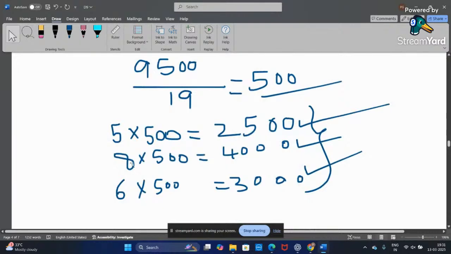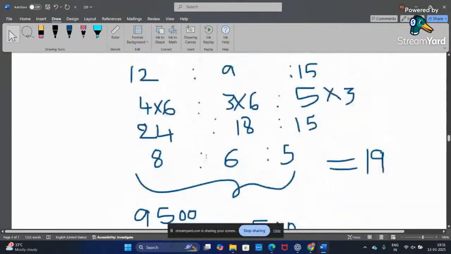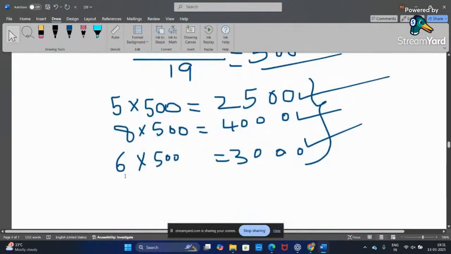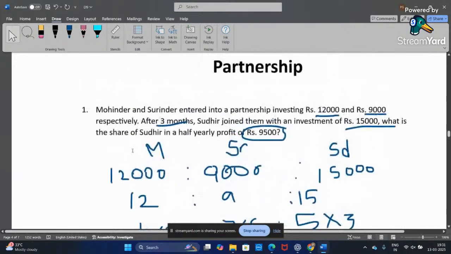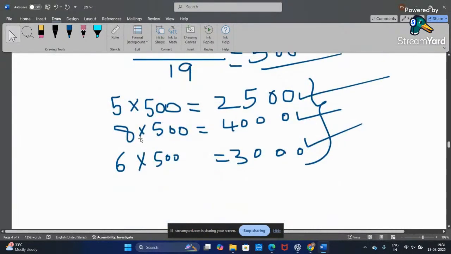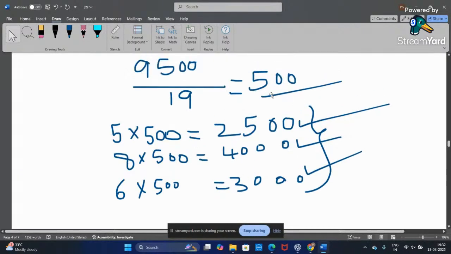Then let us find out for Mohinder and Surinder. They did not ask in the question, but let us find out. Here Mohinder's ratio is 8 and Surinder's ratio is 6. So to find Mohinder's share, we take his ratio and multiply with this 500 so that we'll get 4,000.